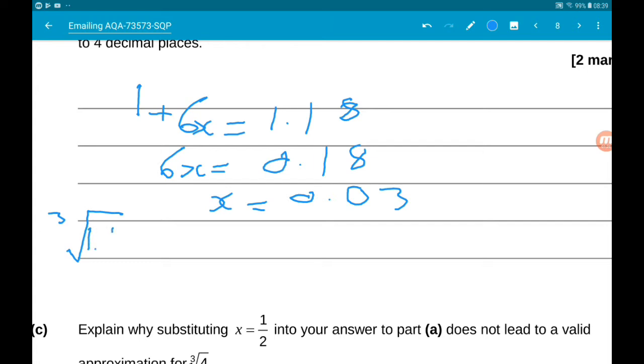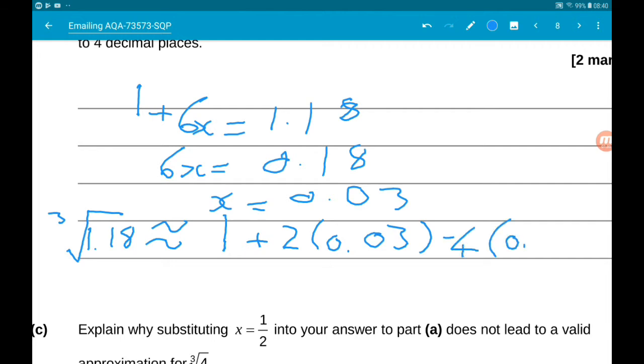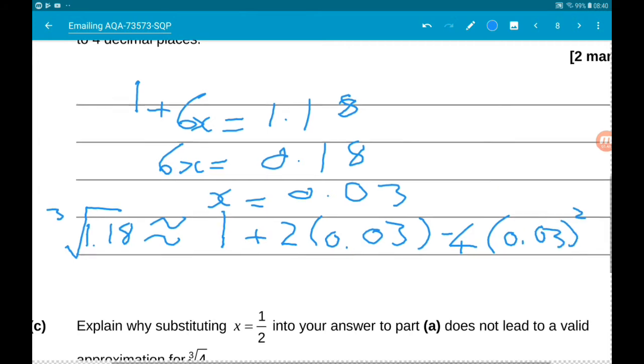So, using our approximation, the cube root of 1.18 is approximately 1 add 2 lots of 0.03 minus 4 lots of 0.03 squared.